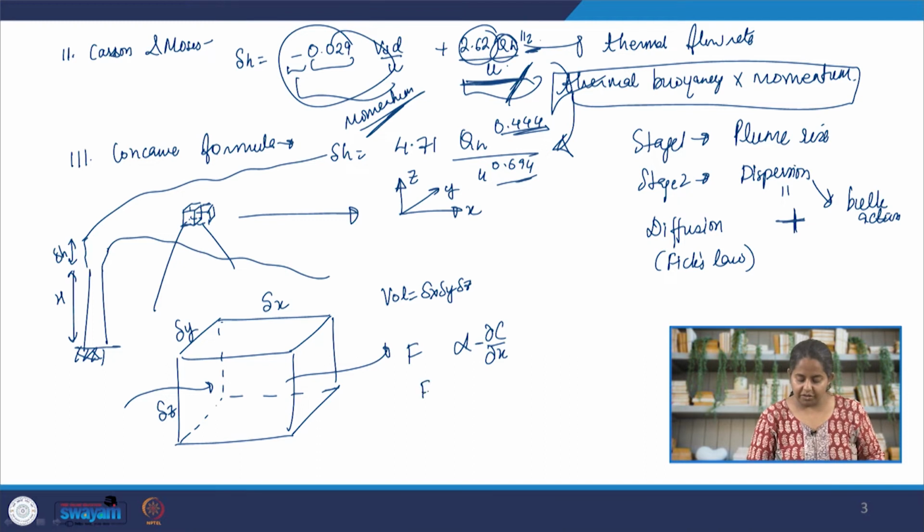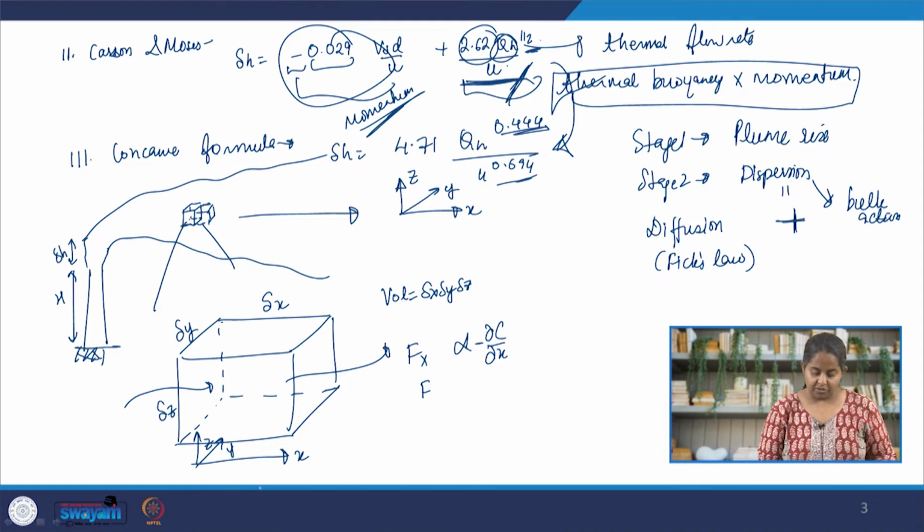The constant that we use here for the flux, so let us say we are starting with x direction first. Remember, x direction is here, this is y, and this is z. So in x direction, flux Fx coming in is proportional to minus del C del x, and then we have a diffusion constant Dx with a minus sign.